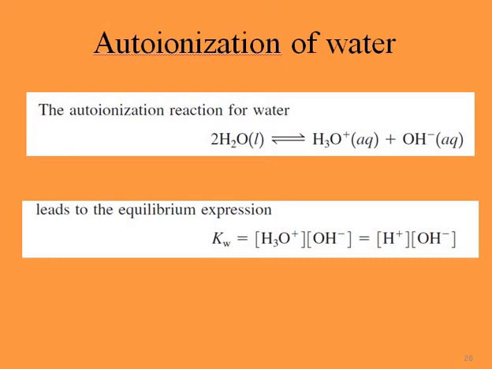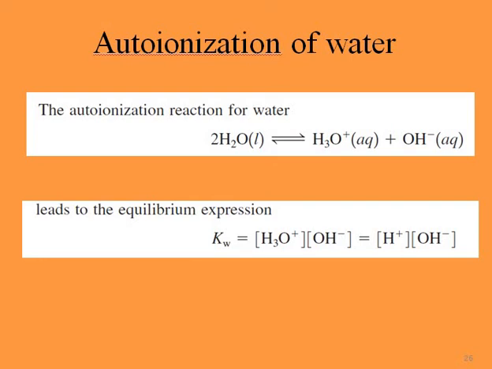So in pure water, that's why we define the multiplication of hydronium ion and hydroxide ion as Kw, which is called the equilibrium constant for auto-ionization of water. W stands for water.